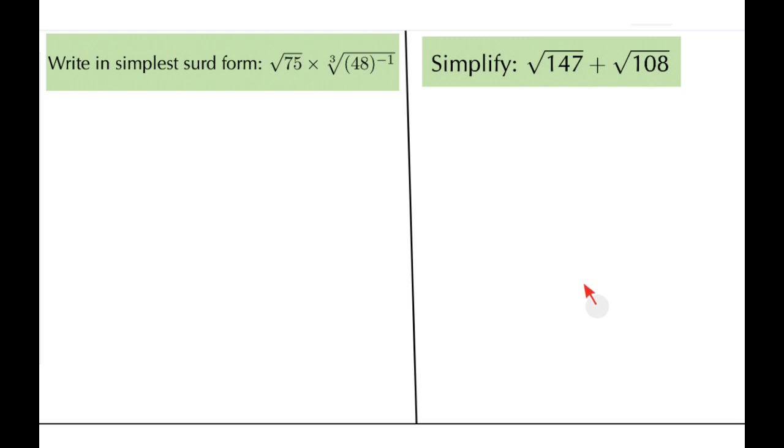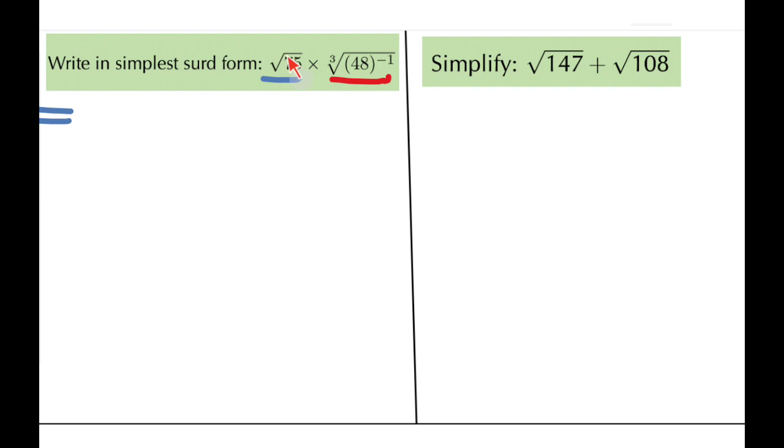Next scenario. Write in simplest surd form. Here you've got a square root and a cube root. They're not the same, they're not similar, so you must make sure you never mix them together. You cannot multiply them together unless you can first simplify them, and then if they're numbers, you can multiply them together.